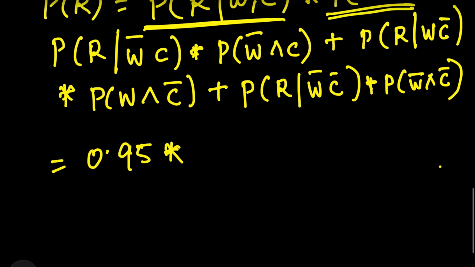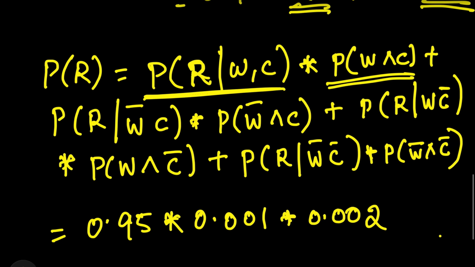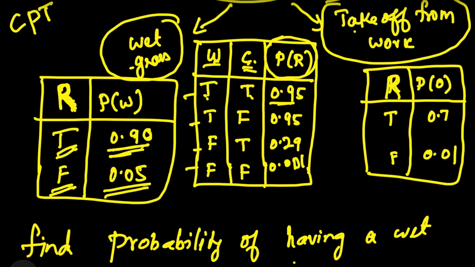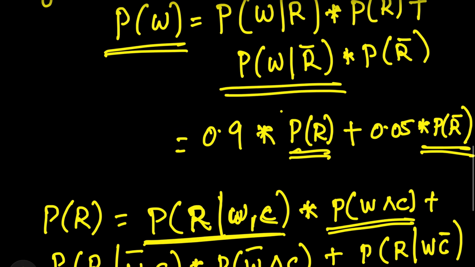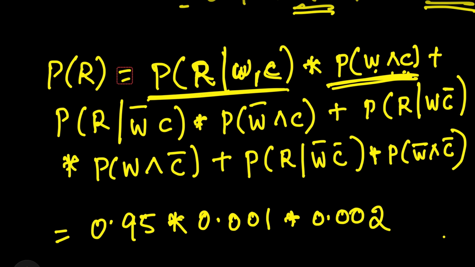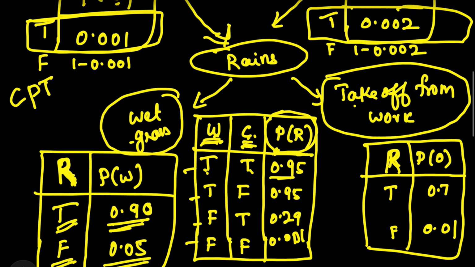That value should be written here: 0.001 into 0.002. Here we have taken rainy given W comma C. That's why we have referred here to probability of rainy given W and C. But here we have taken probability of windy into probability of cloudy. It doesn't include a rainy condition, so directly we will be taking the windy and cloudy probability table values.